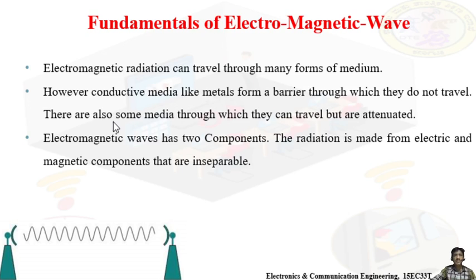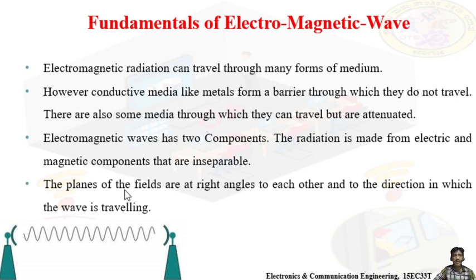The next point is that the electromagnetic wave has two components. The radiations are made from electric and magnetic components that are inseparable. See, the electromagnetic wave has two components, that is the electric field as well as the magnetic field. The planes of the fields are at right angles to each other and to the direction in which the wave is traveling.